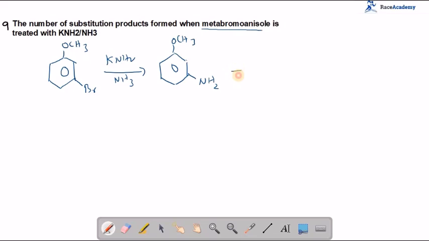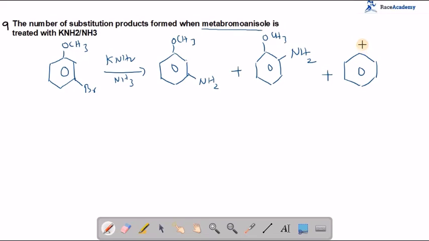The other products are also possible, para product and ortho product, with the OCH3 here. Here we have NH2. Here we have NH2. Plus, there is a possibility of meta product also.